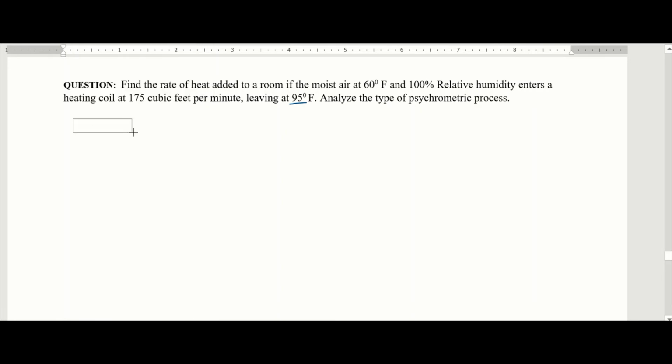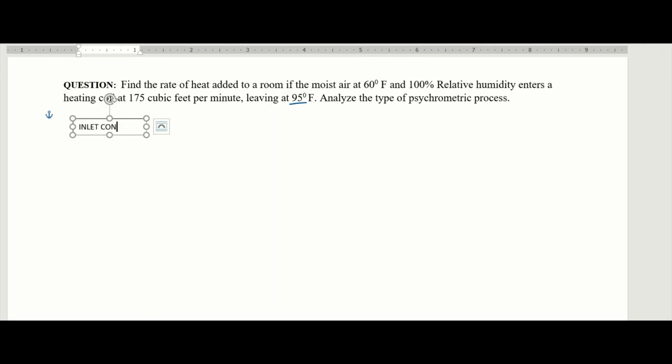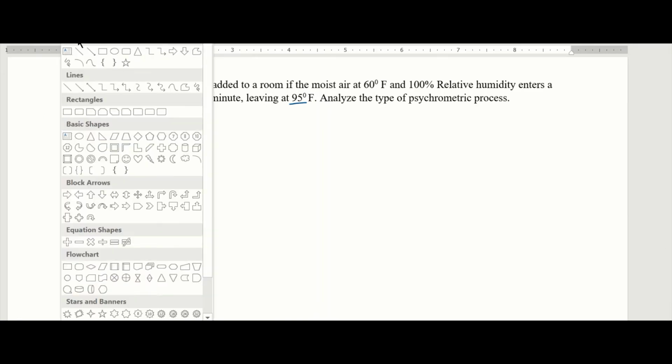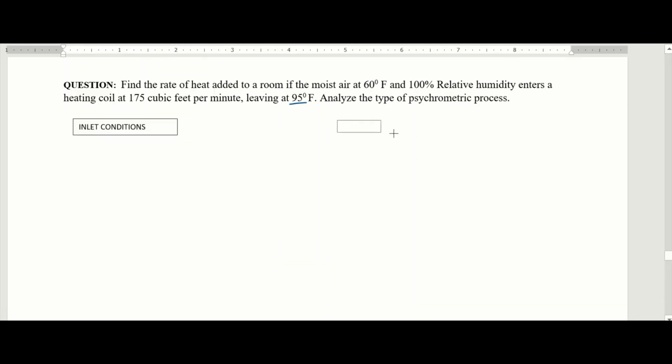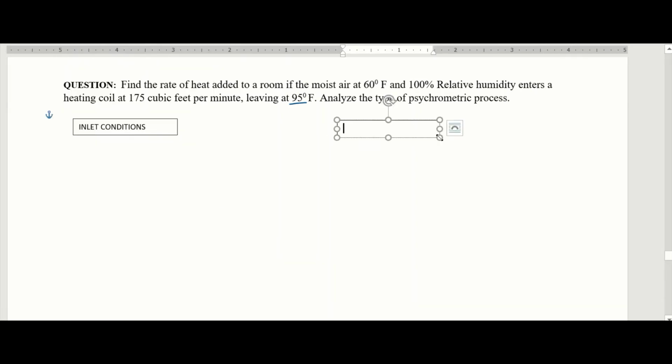So let me call this point my inlet conditions. Here's my inlet conditions, and right here is my outlet conditions.